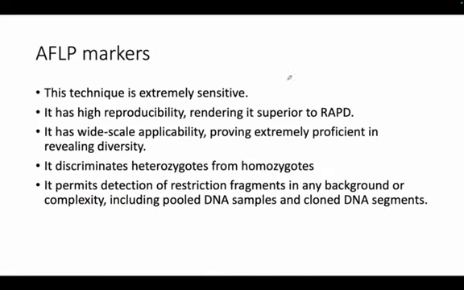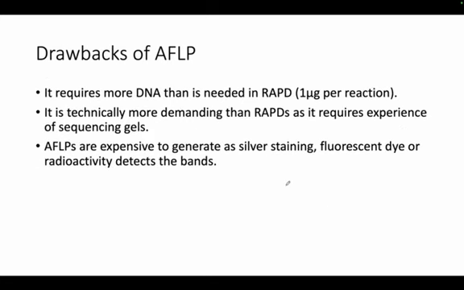So it's extremely sensitive, with high reproducibility, and since we're running a PCR, we can determine restriction fragments even if we have a lot of background. But it needs a fair amount of DNA since we have to run a restriction digestion reaction. And they can be more expensive as they need more sensitive detection methods.